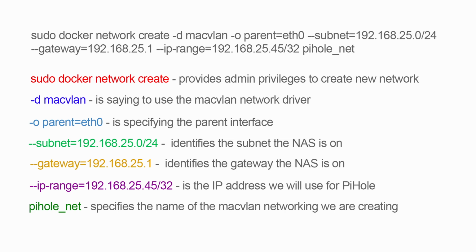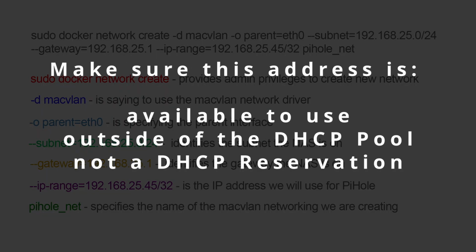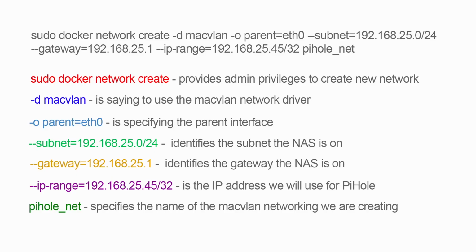And again, your situation may vary, so you would put in your gateway information here. And then --ip-range=192.168.25.45/32. That is the IP address that we will use for Pi-hole in this instance. Again, your situation may vary. And then finally, pihole_net just designates the name of the Macvlan network that we are going to be creating.